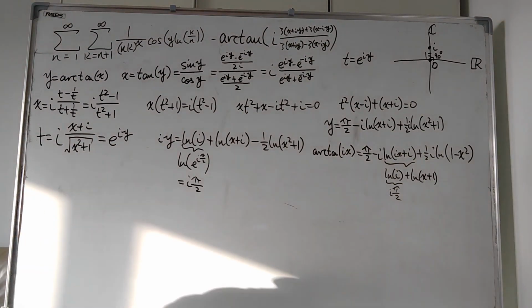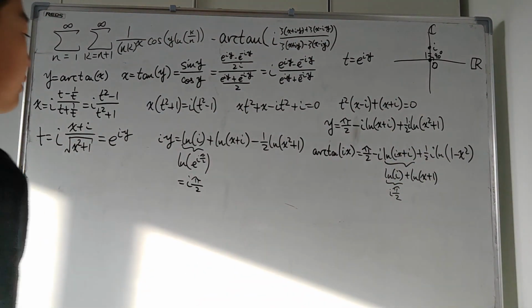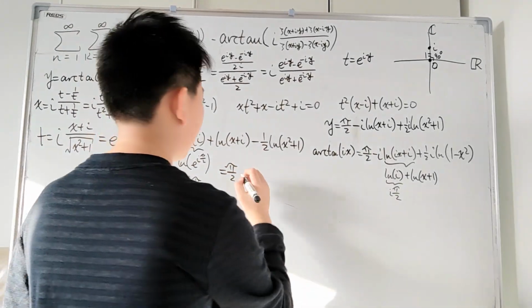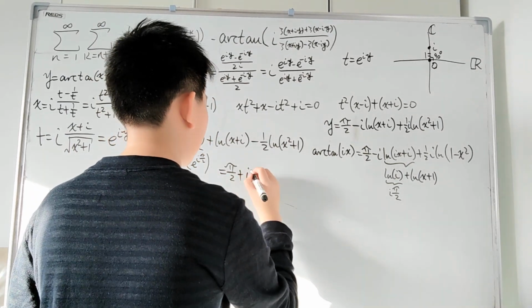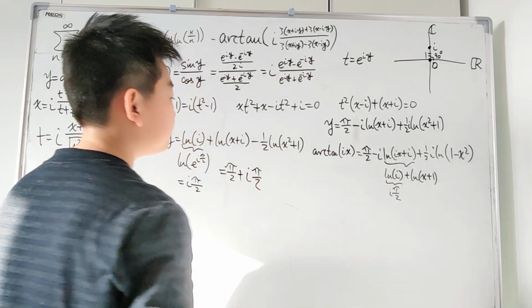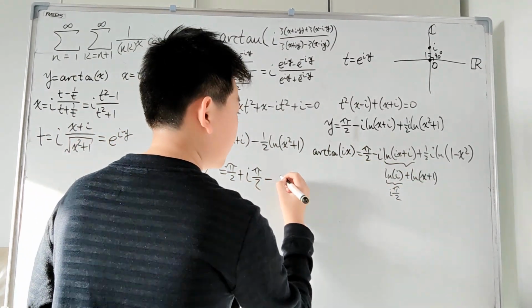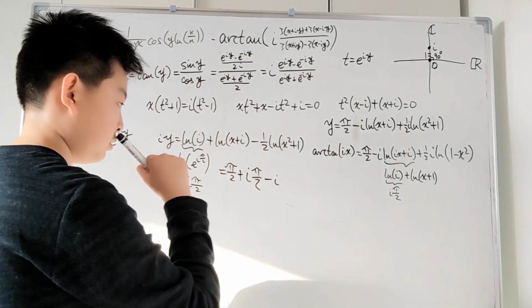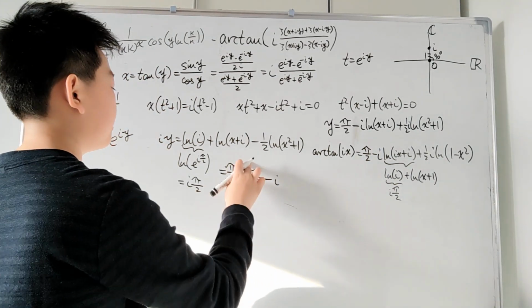So here we have what we have here. So this is also equal to pi by 2 minus i times i, so that's going to be plus i pi by 2, and it's going to be minus, plus, which is going to be minus i. Think about it real quick: i times i, so there shouldn't be any i here.